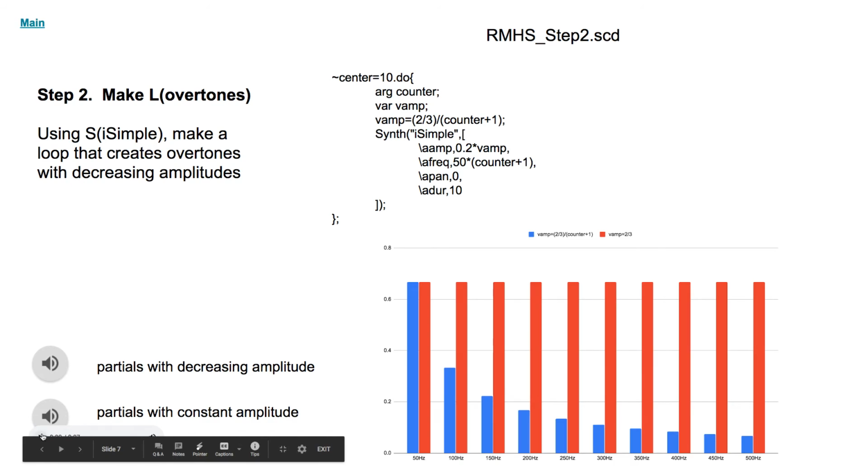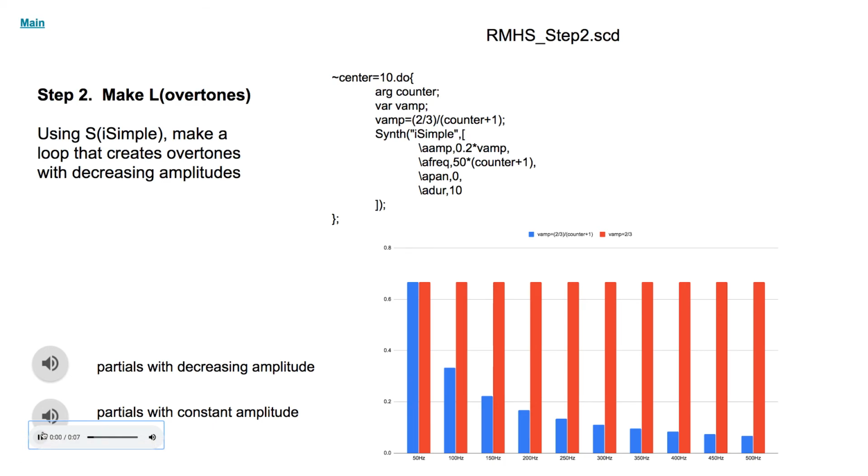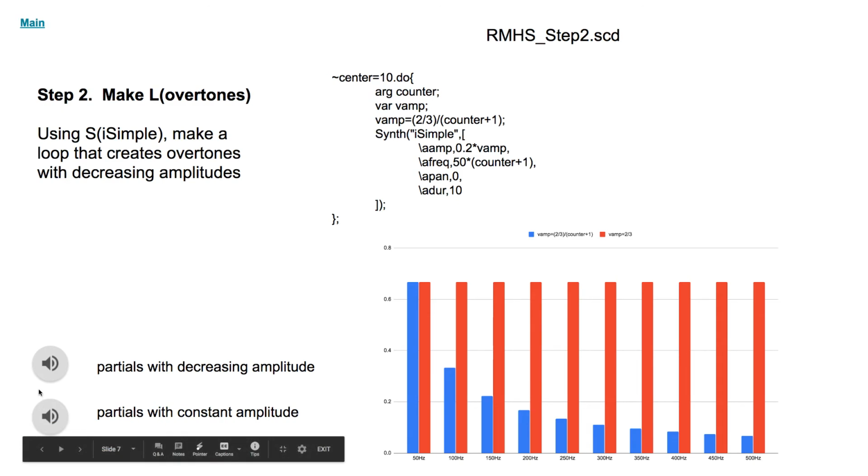Okay, as opposed to the red one in here, which has equal amplitude for every frequency, every overtone. Comparison A. Which one sounds better?